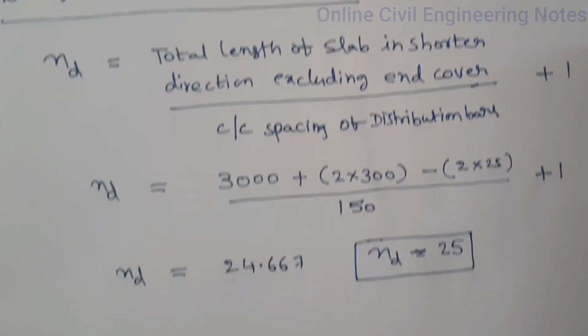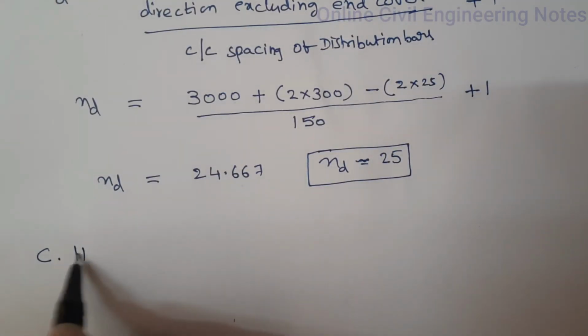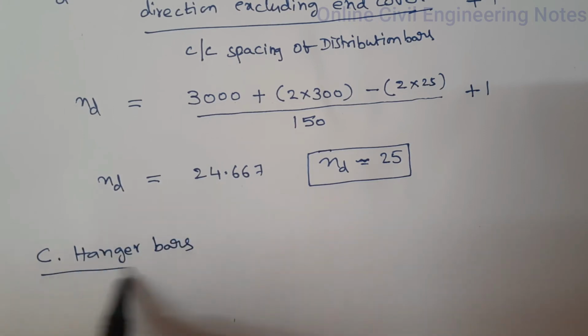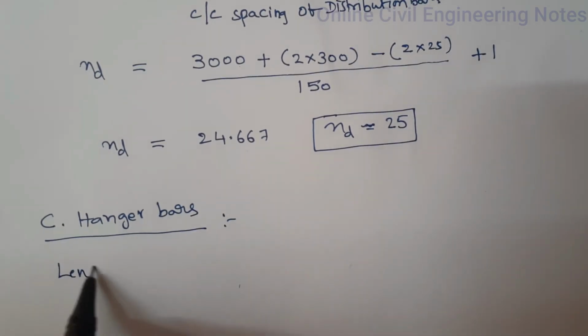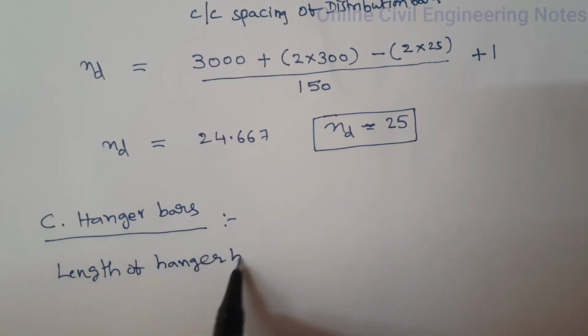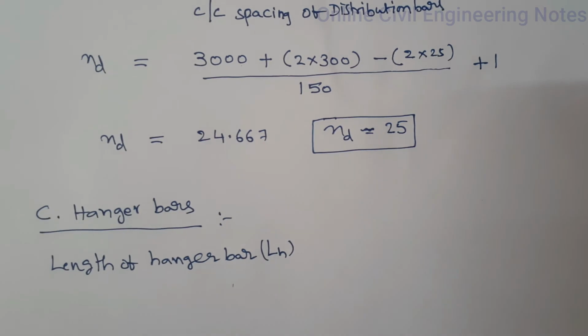Now find the length of hanger bars. Say C hanger bars. Length of hanger bar is equal to LH. These bars are placed in the longer direction.